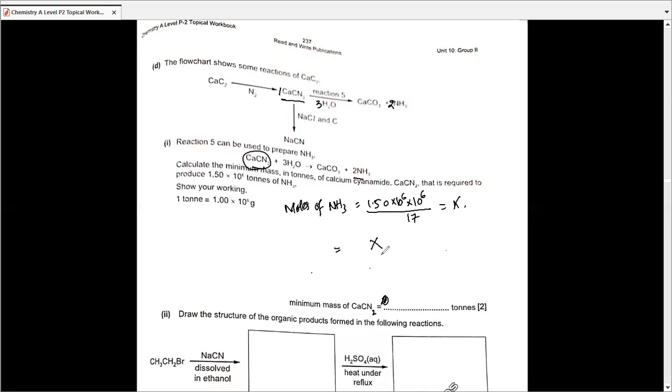This X is multiplied by the MR of CaCN2. And of course, we're going to divide it by 2. Minimum mass in tons, so we're going to divide it by 10 raised to the power 6 as well. And then you get your answer. Yeah, I get it now. All right.